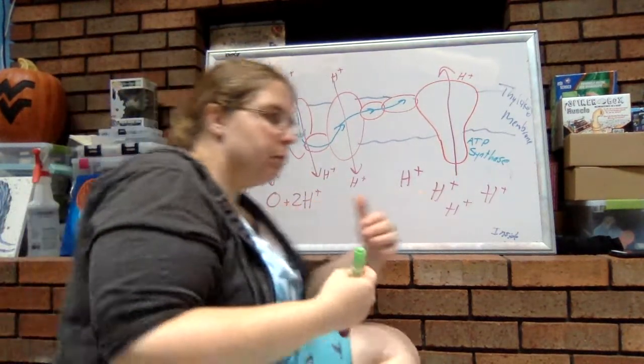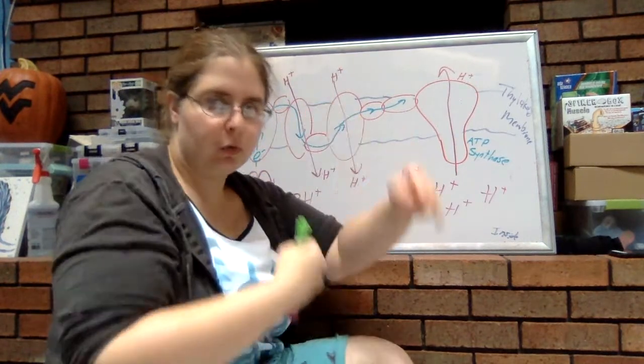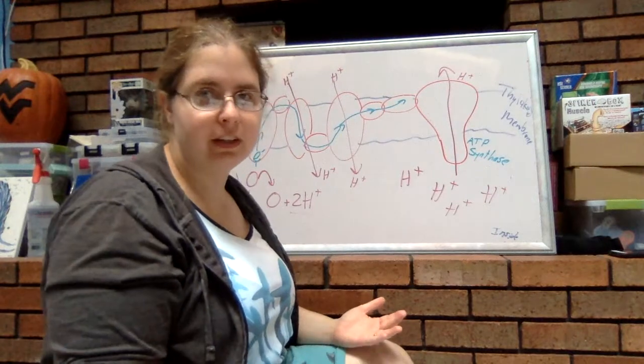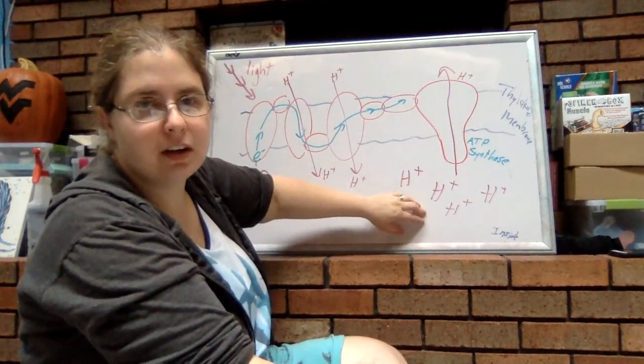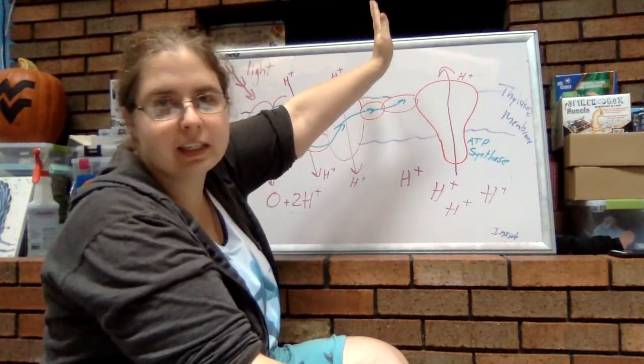As the water moves down a river, it pushes on the water wheel, the wheel spins, and as the water wheel spins, it generates energy. Well, that's kind of what this is. This higher concentration of the hydrogen ions forces them to go through the ATP synthase.